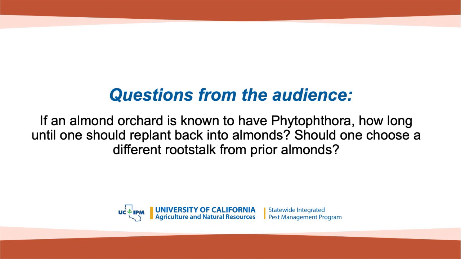I would not worry too much about pre-plant efforts. There are rootstocks, and I don't have in mind which ones are best for Phytophthora, but we just had a publication from UC ANR about almond rootstocks and their tolerance to Phytophthora. But in general, Phytophthora comes from sporadic events of either over-irrigating the orchard or having the orchard flooded due to weather issues.